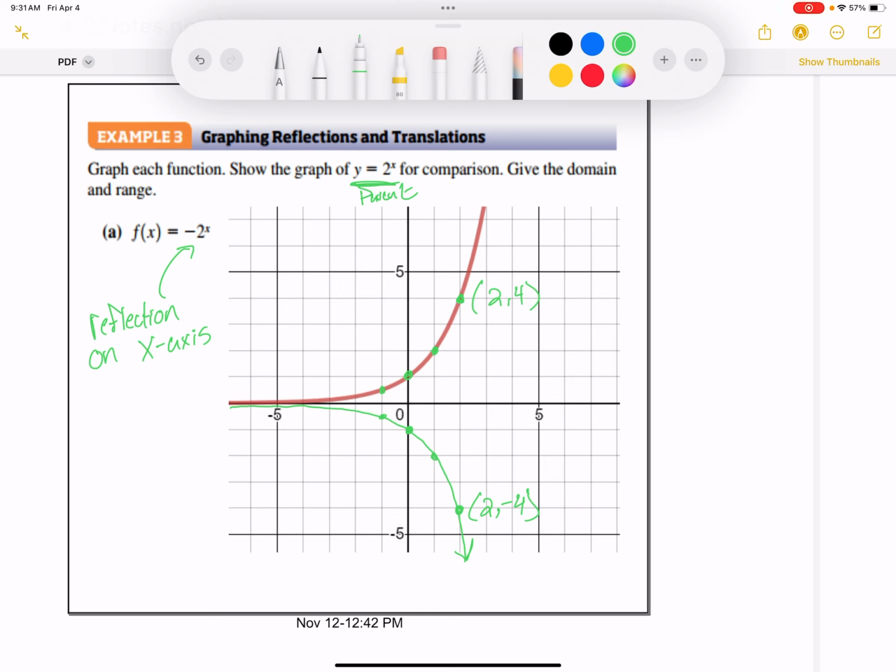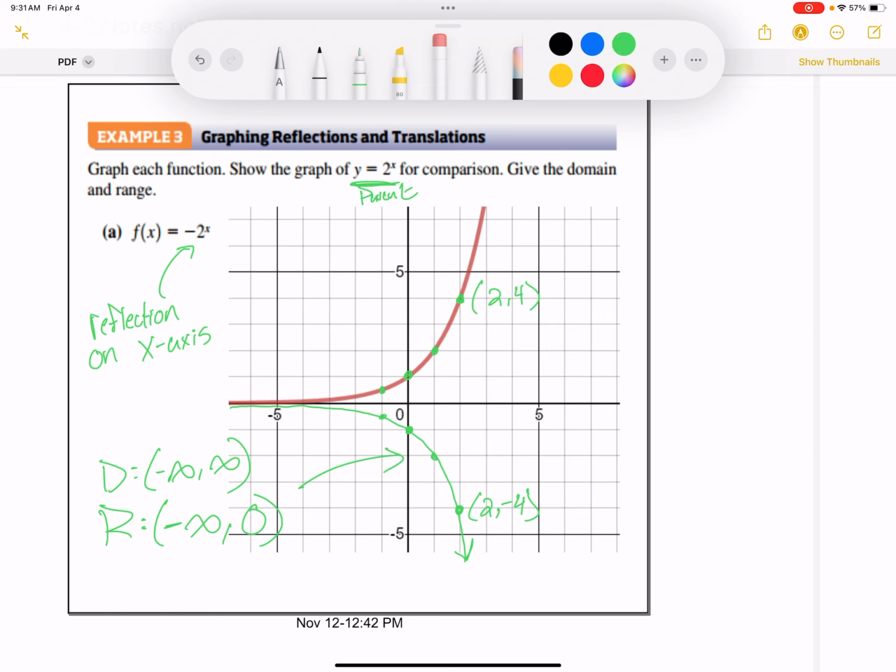And then domain and range. Well, domain from -infinity to infinity. Range, well, from 0. Oh, I'm sorry. We got to do this in order from least to greatest. We start at the bottom and we work our way up. -infinity all the way to 0, right? That's the range. We're talking about the green graph, not the red.